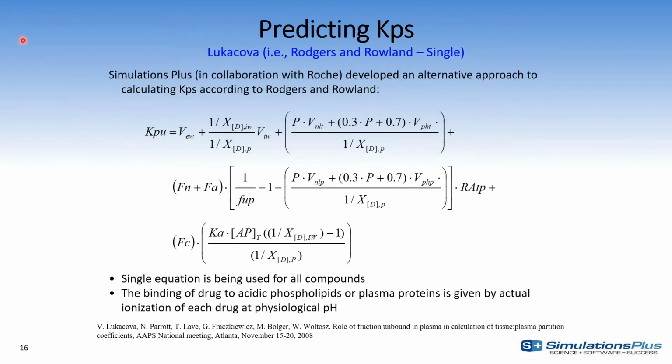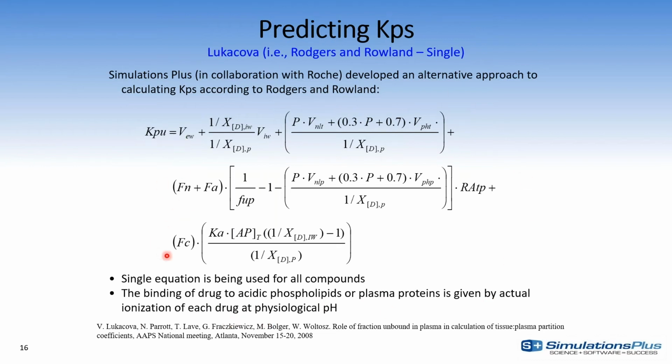Because of that, our director, Dr. Viera Lukacova, combined both methods. So we will consider the ionization of the compound, and then the binding of the drug to acidic phospholipids or plasma proteins will be given by the actual ionization of the drug compound at the physiological pH.